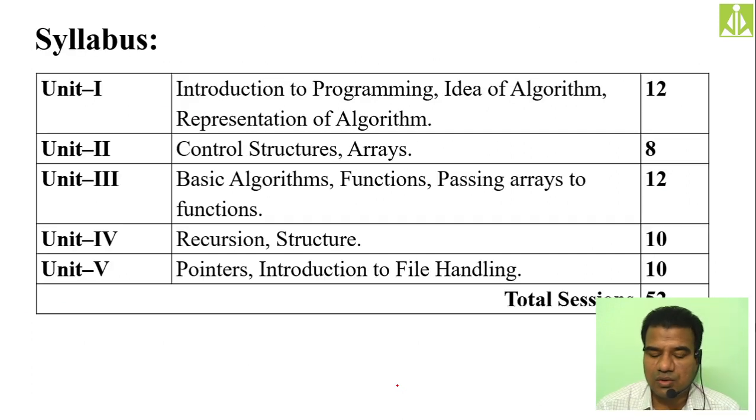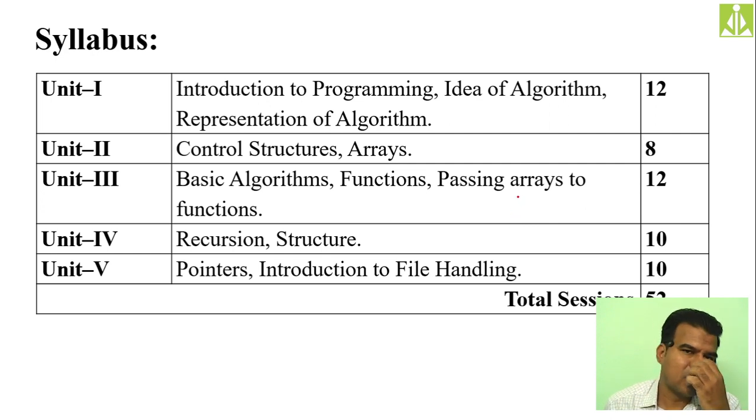Okay, so when it comes to the syllabus, our entire syllabus is divided into 5 units, from unit 1 to unit 5. How many sessions I need to complete these units, I have written over here. This is our course plan, or lesson plan. To complete the first unit, I need 12 active sessions.